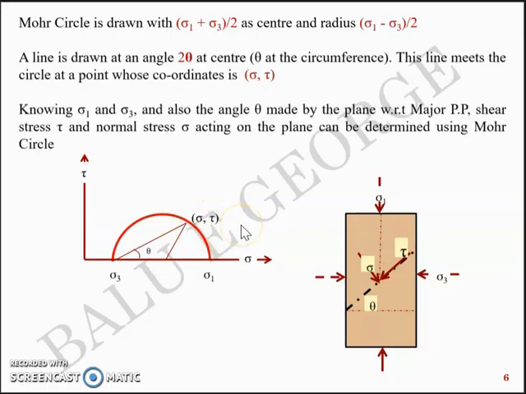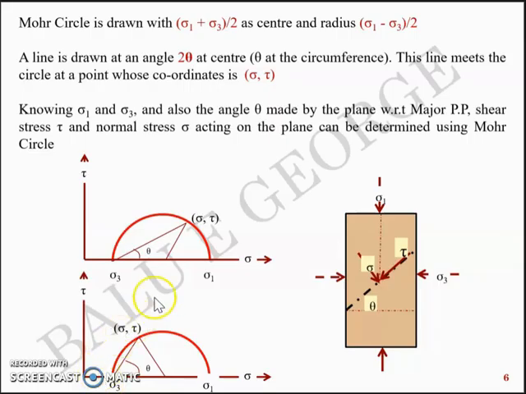So knowing sigma 1 and sigma 3 and also the angle theta made by the plane with respect to the major principal plane, which is the horizontal plane, the shear stress tau and normal stress sigma acting on the plane can be determined using the Mohr circle. So this is the advantage of the graphical method called a Mohr circle.